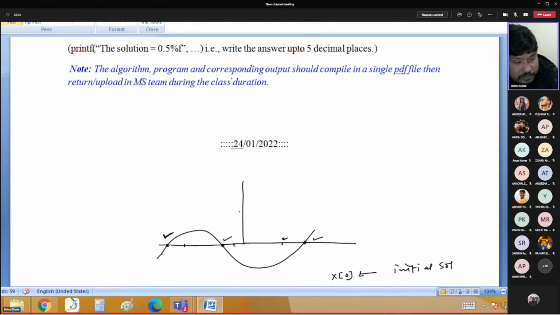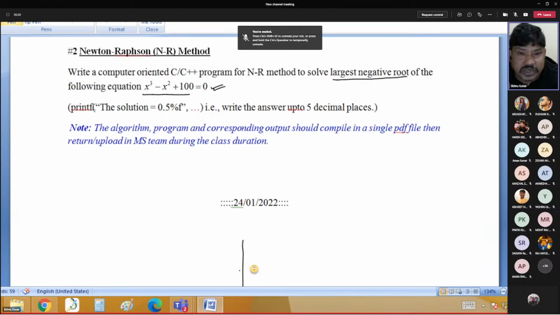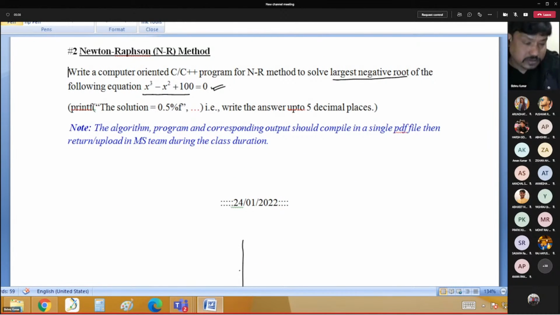You tell me whether f(0) is positive or negative, f(1) is positive or negative, f(2) is positive or negative. In that way, you pick any two points in between which the graph is changing sign for that particular example. The function is x cubed minus x squared plus 100.